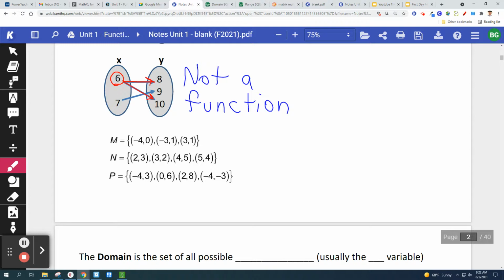These examples down here are a little bit harder to see. I think it's easiest to see the ones that aren't functions. All right, so if you notice set p, if you plug in -4 and get 3, and then I come in and plug in -4 and get -3, that's a problem. That one's not a function.